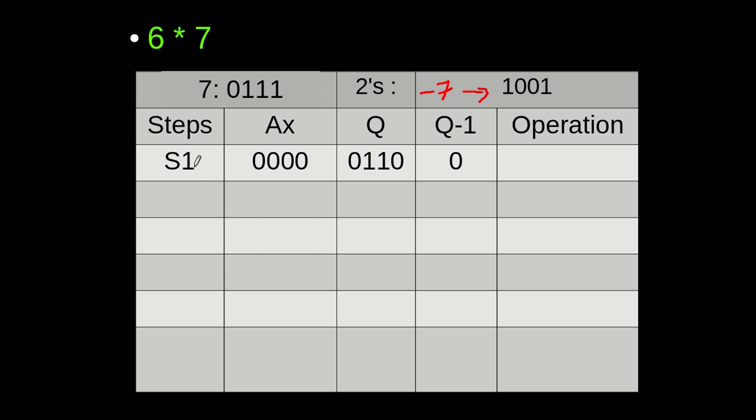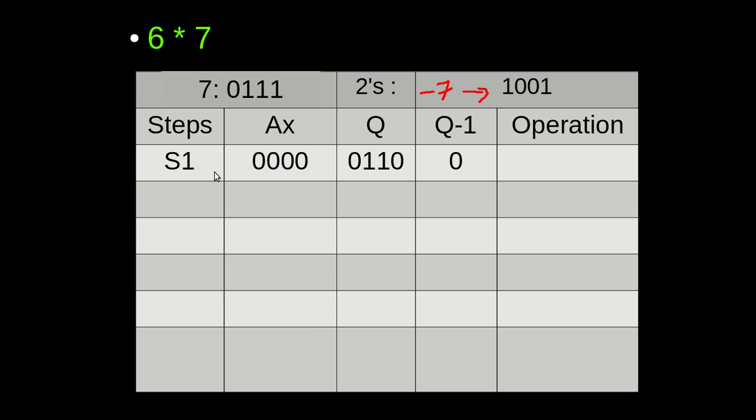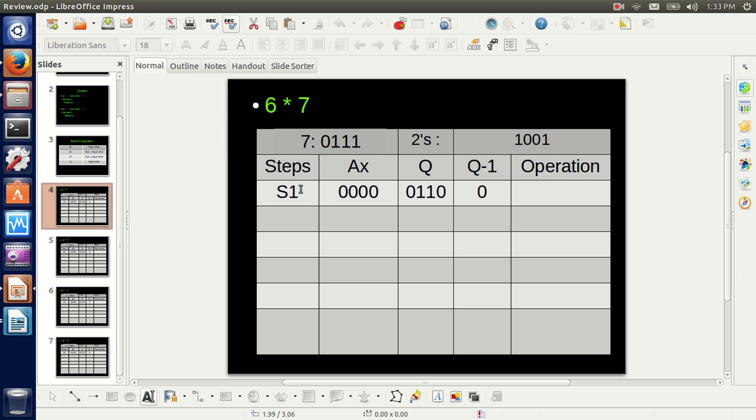So this is, let's see. Okay, step 1 is not going to be this. Okay, sorry, and let's fix it.